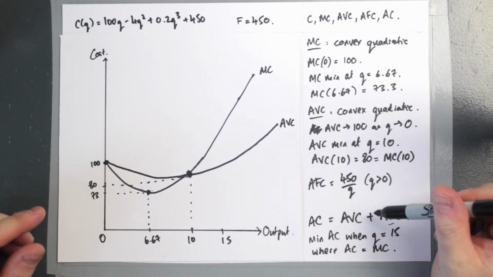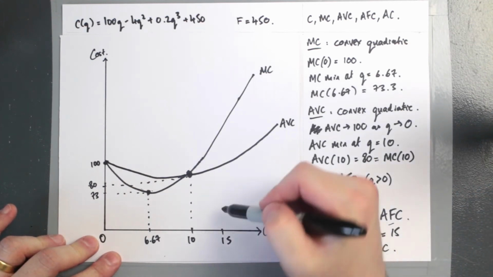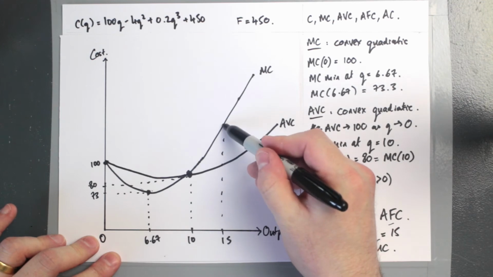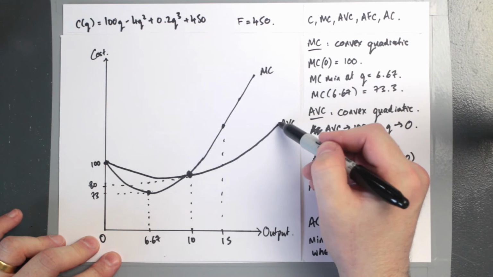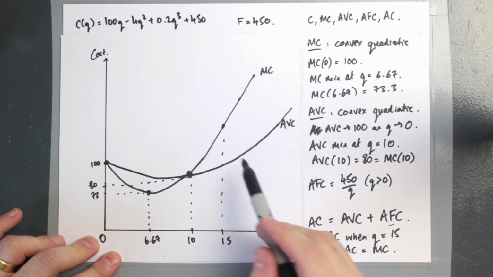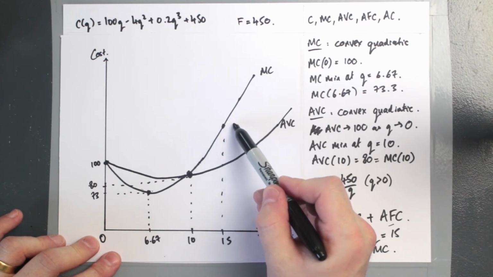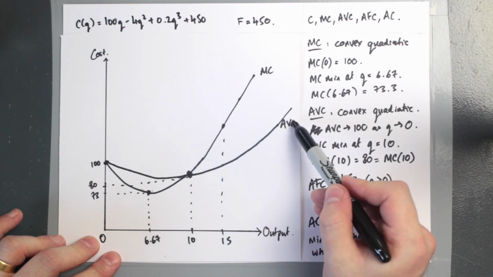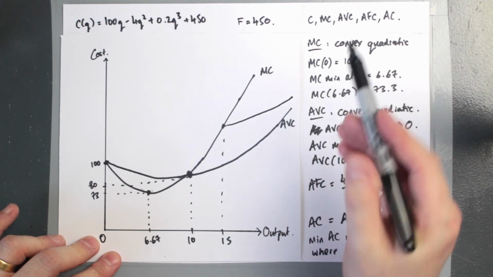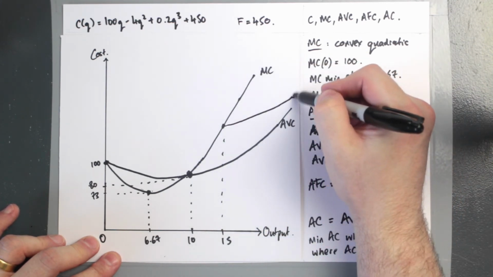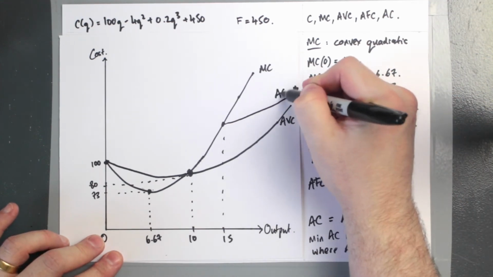What about the average total cost? So average total cost, we said that when output is 15, it coincides with this marginal cost. Okay. And then we had two other facts. So this is where average cost is minimized. It's going to increase after this, but it's going to get closer and closer to average variable cost. That's average cost.